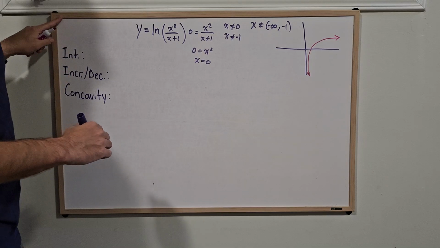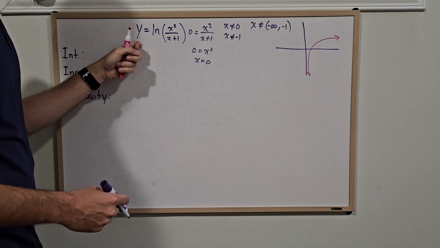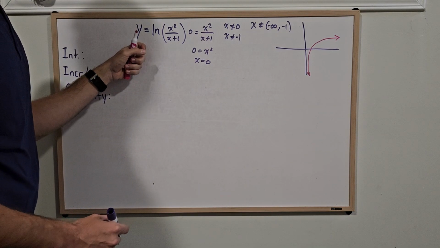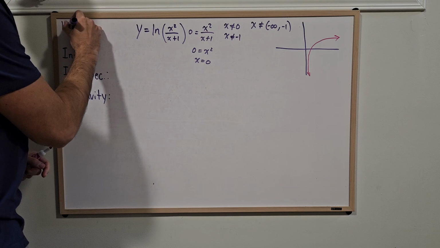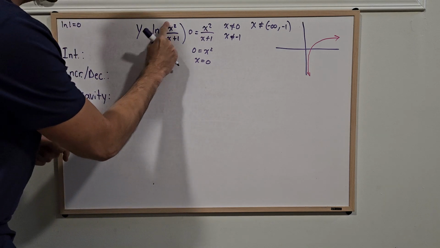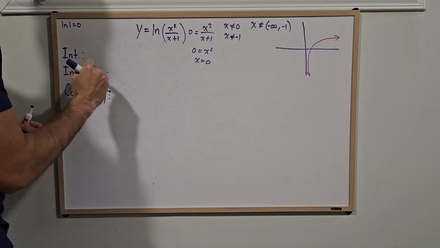Now, looking at our intercepts, we want to try and find an x-intercept, so we're going to set y equal to 0. Well, in order to make y equal 0, we know that the natural log of 1 is equal to 0. So I have to try and make this inside part here equal to 1 and solve, okay?